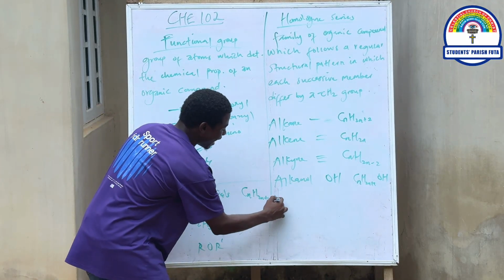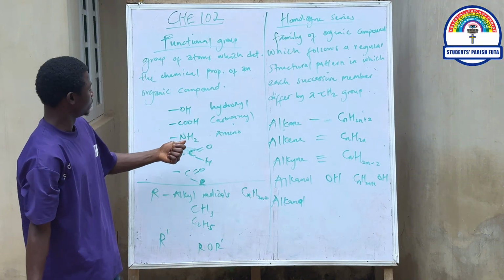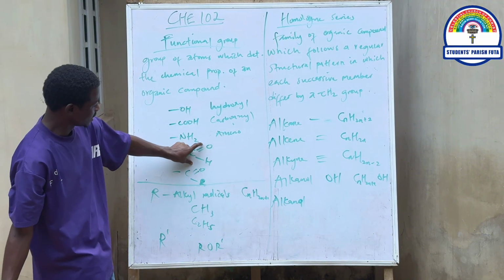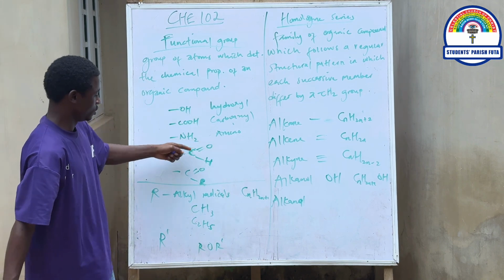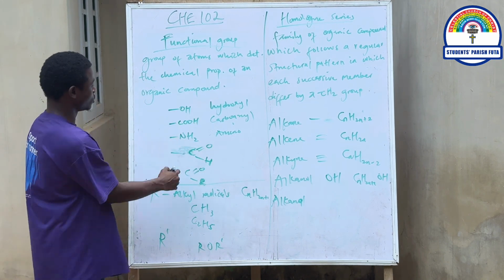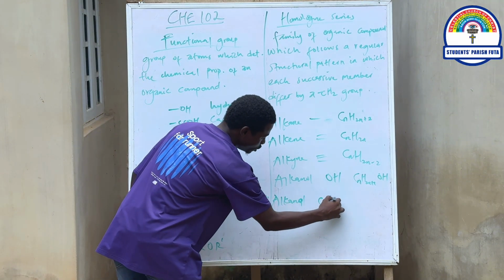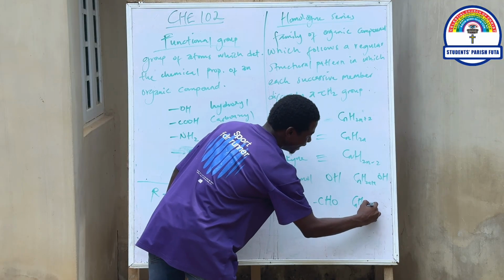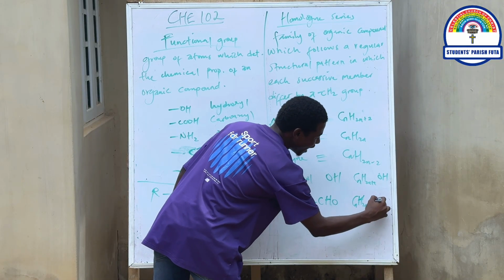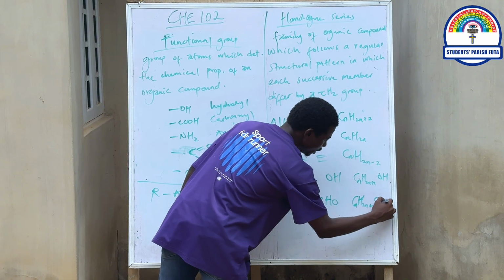Still going. We have the alkanal. Those having this family have CHO. Look at the way it is written, CHO. It's different from alkanol, OH. There is no double bond for O. If I have to draw this one, it's just OH. So alkanal, that is CHO. We have CnH2n+1CHO.